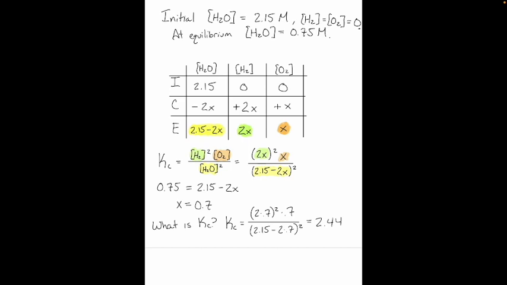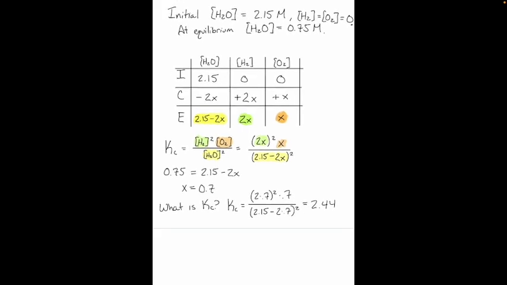Cool. So I asked you for the value of Kc here, right? What if instead I said, what is the concentration of H2 at equilibrium? How in the heck am I going to go about getting that? Yeah, right? So where on my ICE table is the concentration of hydrogen gas at equilibrium?